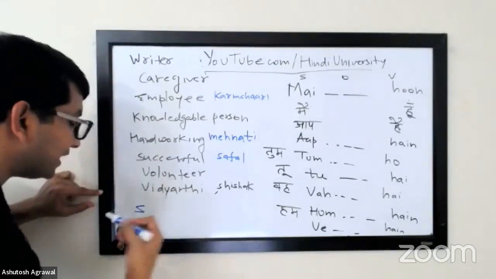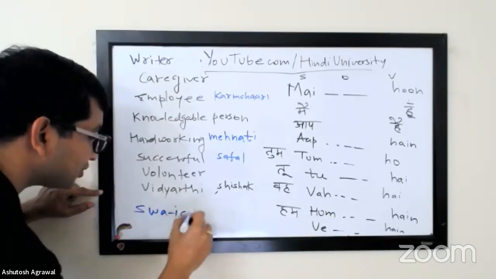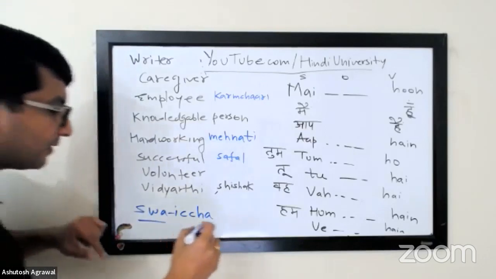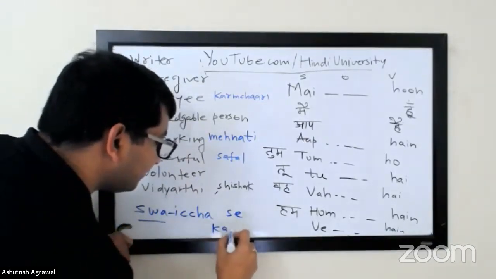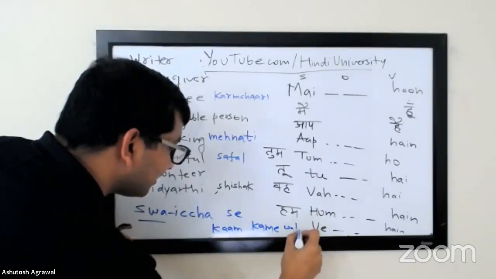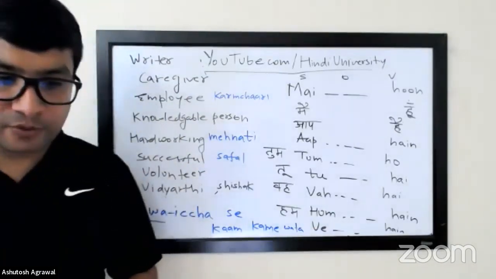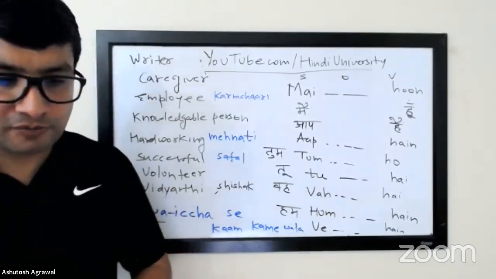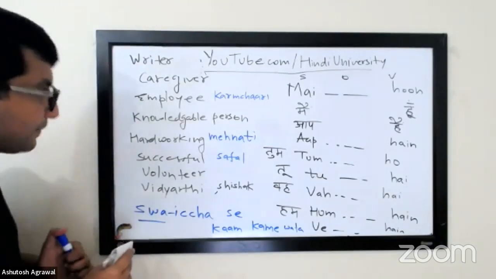So swechha matlab apni ichha se kaam karne wala. Swa ichha. Ichha is desire, but self desire. Remember wala, right? काम करने वाला is someone who works. स्वेच्छा से काम करने वाला is someone who works of his own interest, right? And then caregiver.